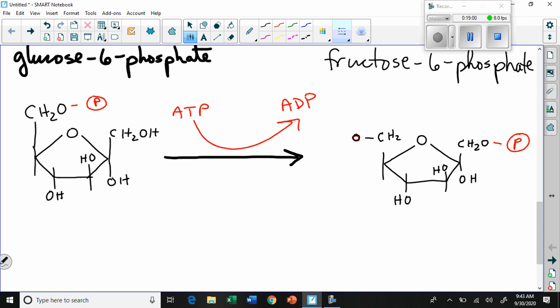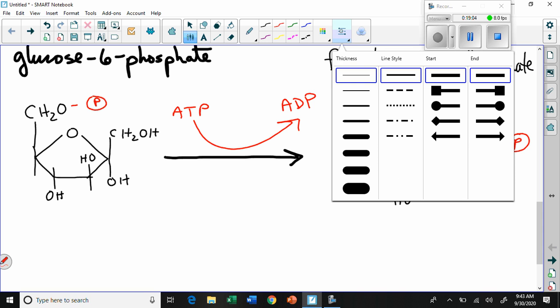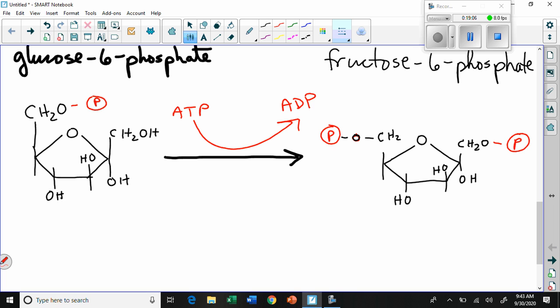So the oxygen right there, and then the phosphate will stick on the end there. That looks better. So we have two of them. And so the name of this molecule is fructose 1,6-bisphosphate. Bisphosphate. Fructose. So here we have fructose 6-phosphate.